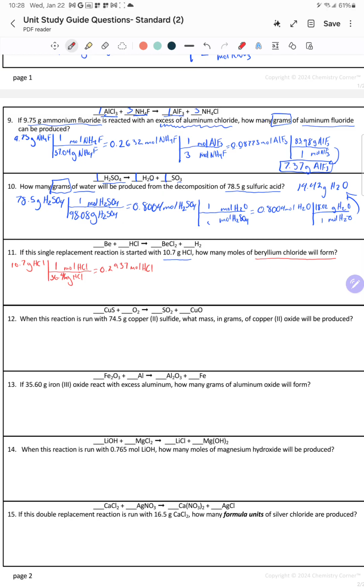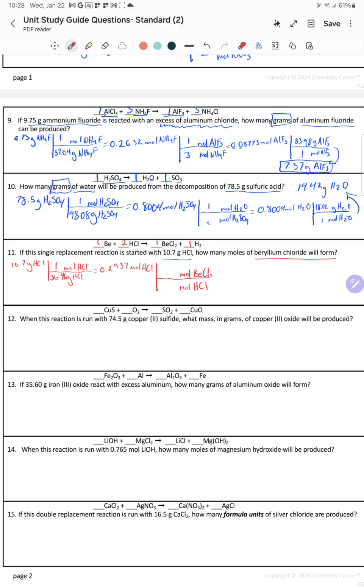Now I've got to go from moles of HCl to moles of beryllium chloride. So I set up my picket fence. I'm going to moles of beryllium chloride from moles of hydrochloric acid. So in order to do this, I need a mole to mole ratio. It means I need to balance out my chemical equation. So I look at this, beryllium's 1 and 1. We're good so far. Hydrogen's a 2 and 2, and chlorine's a 2 and 2. So that means I need to add a coefficient of 2, and that will fix everything.